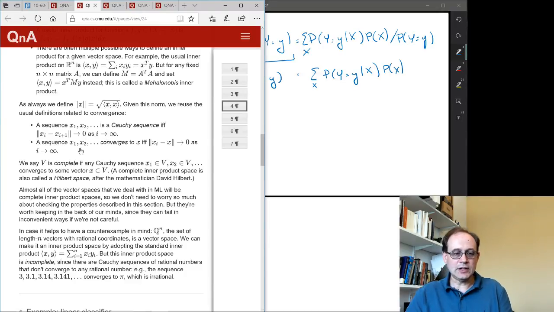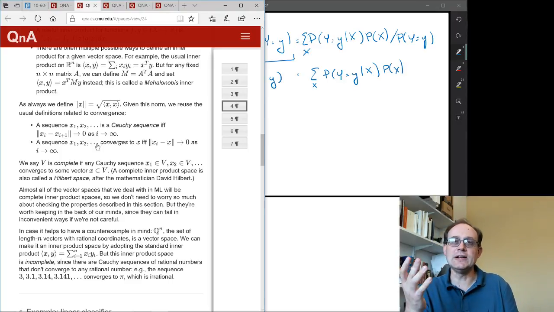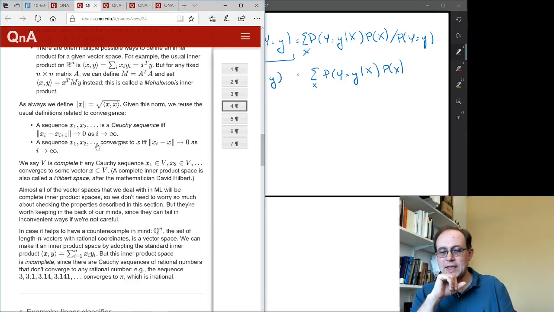And a sequence converges to a point x if the distance from x_i to x goes to 0 as you go farther and farther along the sequence. All right. So in particular, I want to point out that it doesn't make sense to talk about convergence until after you have a notion of distance, or you can go slightly weaker than that, but we don't need to worry about that in this course.